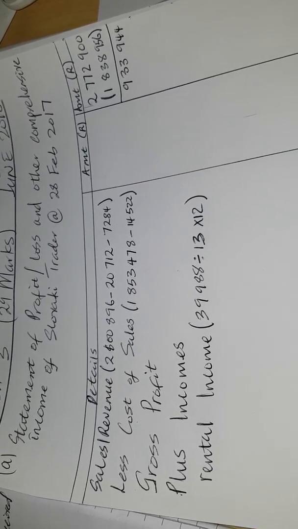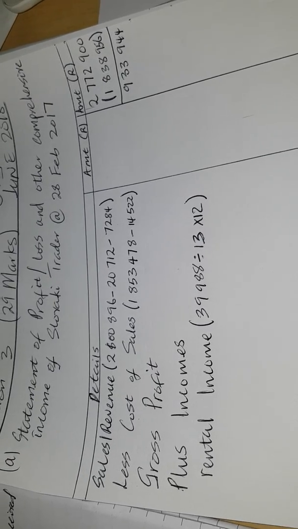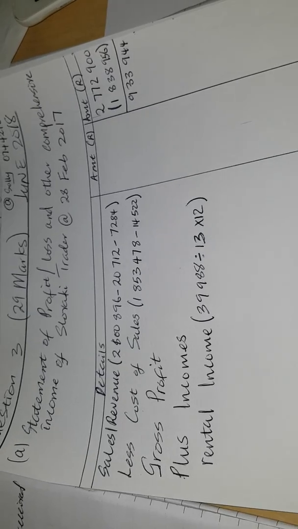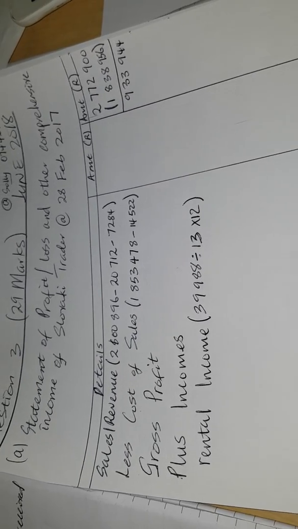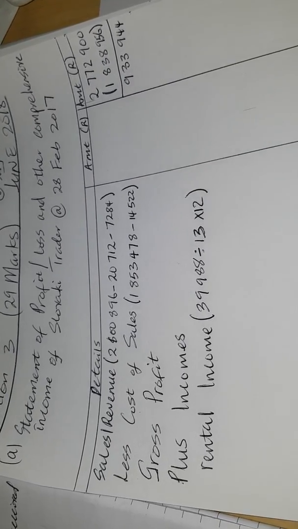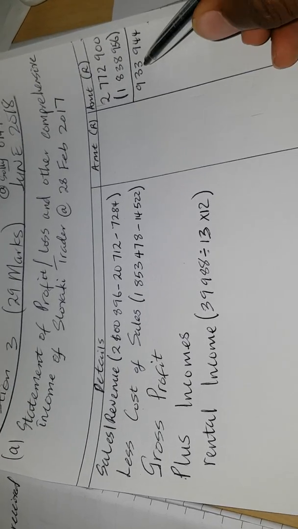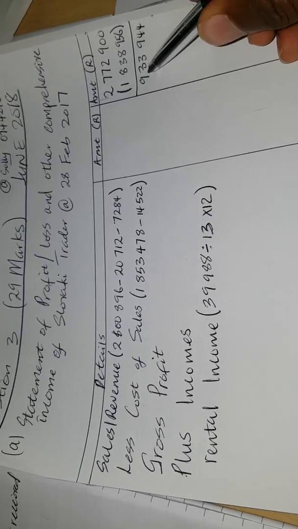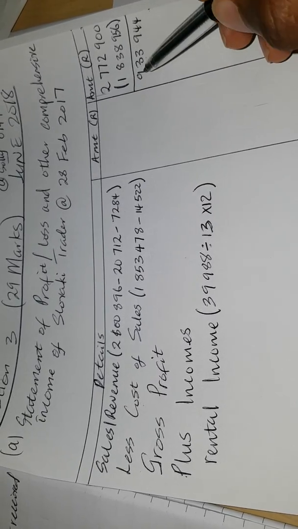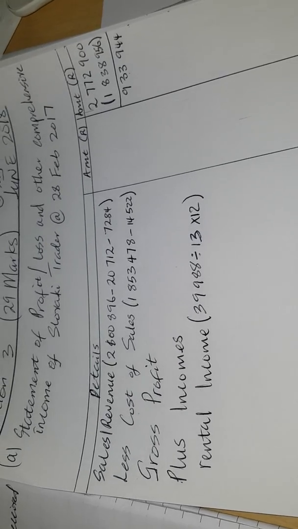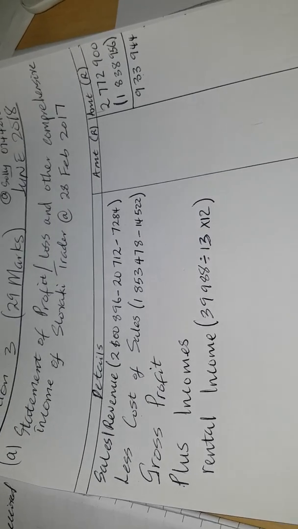So if you had someone to sell it for you and you paid that person 1,000, your profit is now 4,000. If you had to pay rent, your profit will be less. That's why we say this is a gross profit. It's not the actual profit. So we still have to subtract some overheads and expenses to get the actual profit of the year.